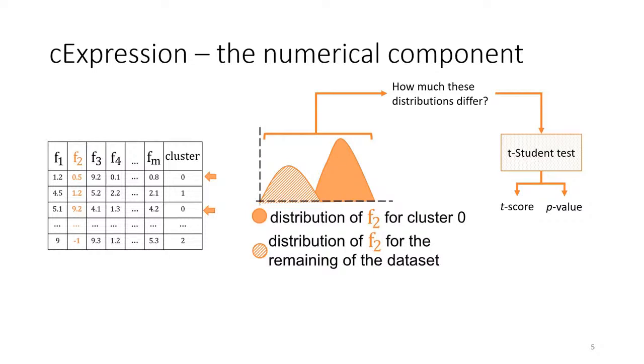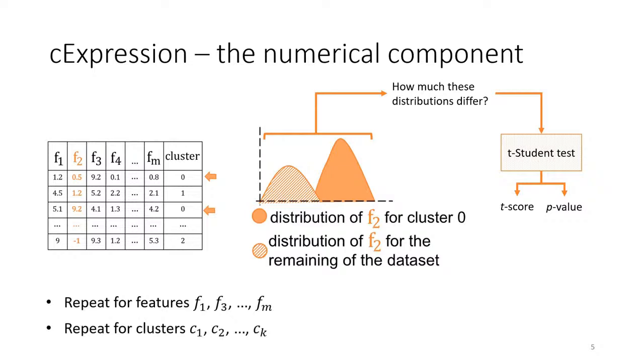The t-score will measure the difference between the distribution of F2 for cluster 0 and the distribution for the remainder of the dataset, and the p-value will tell us how trustworthy the result is. We repeat for every feature and for every cluster, and for each cluster, if we order the features based on t-score, we will have on top the most defining features.